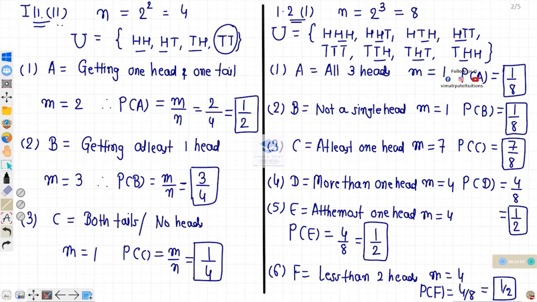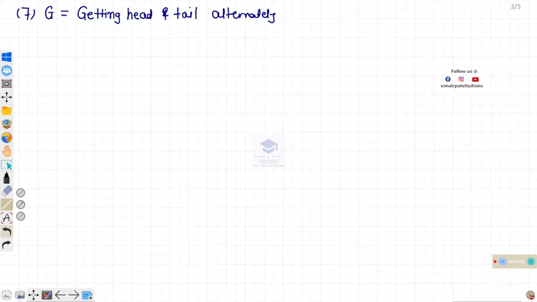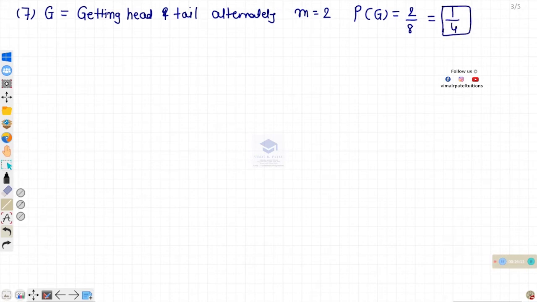So 2 favorable outcomes, 2. So probability 1 by 4.